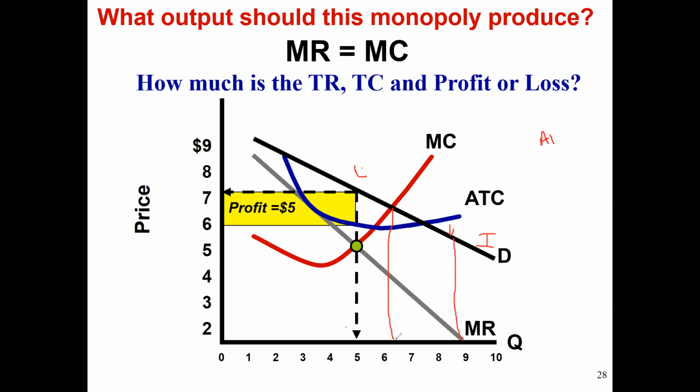You're not socially optimal. Where MC crosses ATC is productively efficient. You're not producing there either, right? You're producing where MC equals MR at 5. So you're not allocatively efficient and you're not productively efficient. So therefore, if you're inefficient, you're going to have deadweight loss.